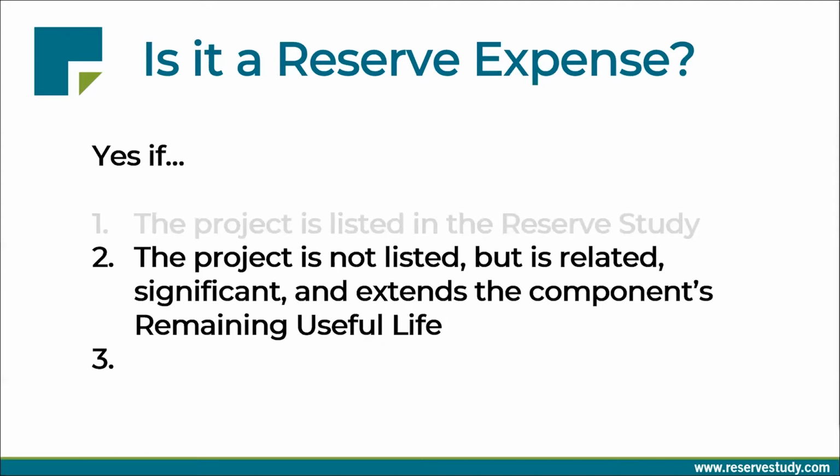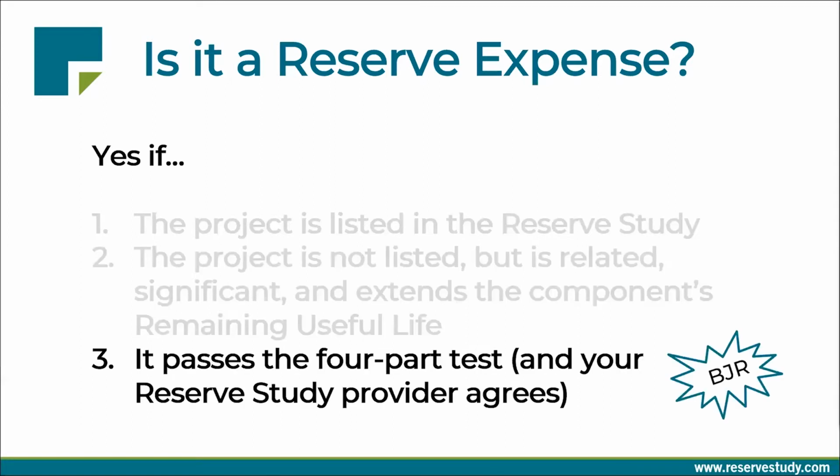That means, for instance, a minor service call to a boiler is not a reserve project, but replacing the igniter system that may extend the boiler's remaining useful life by a number of years. That's a legitimate reserve expense. And then finally, if it truly looks like the component was missed and not included in the study, or wasn't knowable, maybe it was part of a hidden system, then check with your reserve study provider to help answer that question and prevent you from guessing.